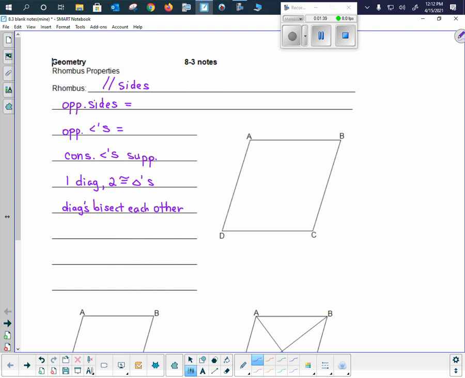So again, we're going to use these 6 characteristics, properties, to say these make up a parallelogram. I'm going to get rid of this and just abbreviate since I don't have the room to do that anyway.